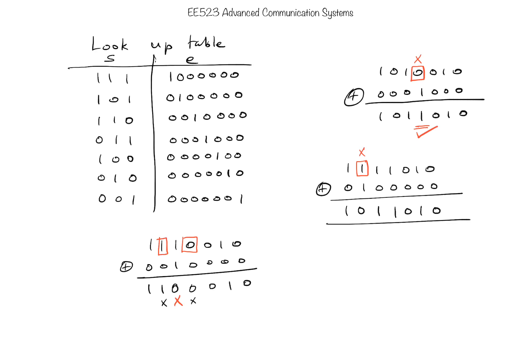Now let us introduce one more error and make it a 3-bit error, but we will make the 3-bit error in such a way that the 3-bit change results in another valid code word.